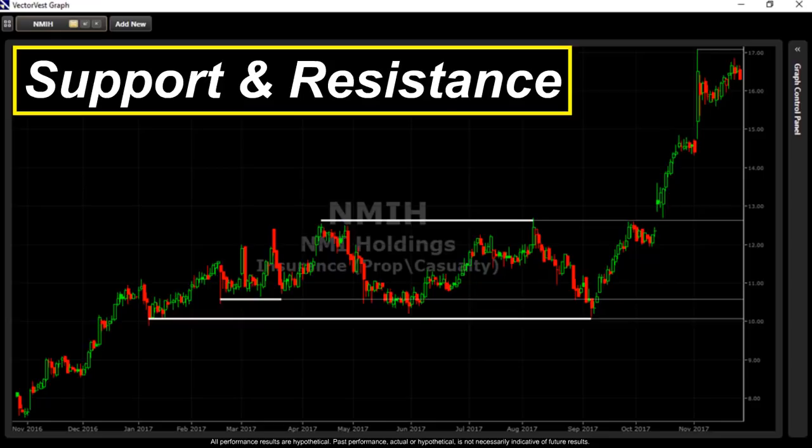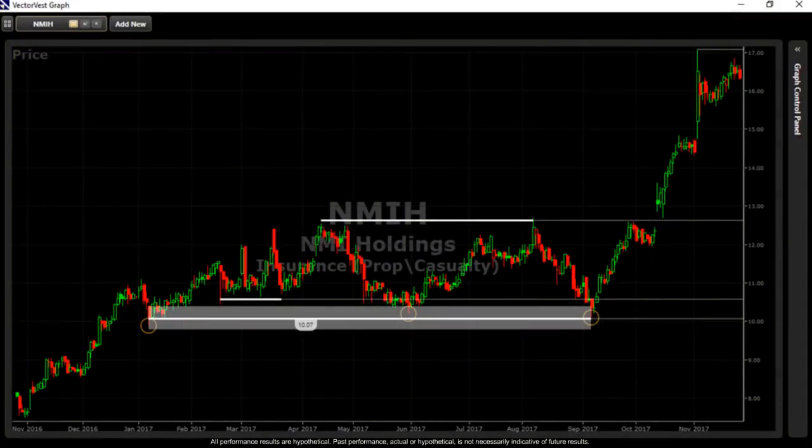Before we get too deep, what is support and resistance? Basically, a support level is a point where the stock price has stopped going down and begins to go back up. And it does that typically on multiple occasions.